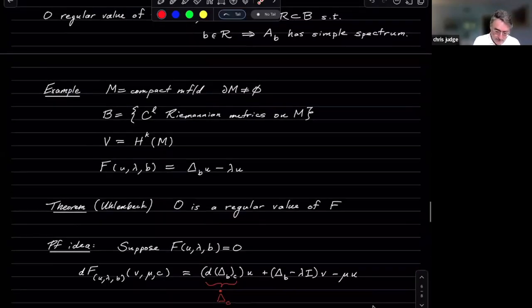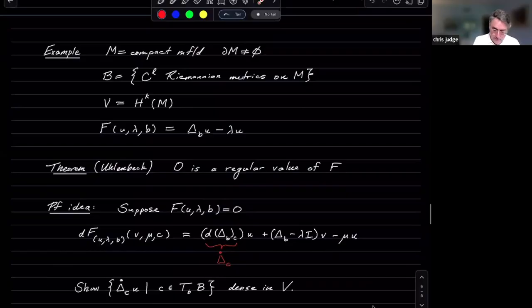And the proof idea is simply this. Or rather the beginning of the proof, I mean, there's more, I'm just going to give the beginning. Suppose we do have a point on our 0 level set, and let's look at the differential.